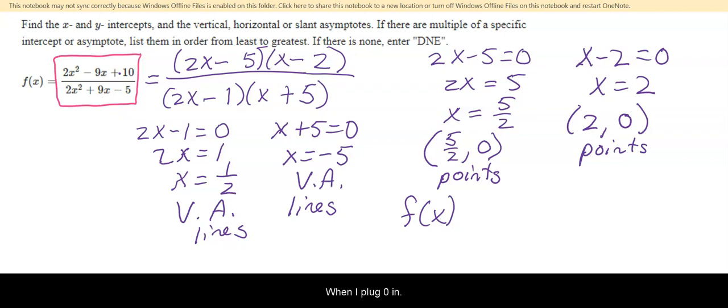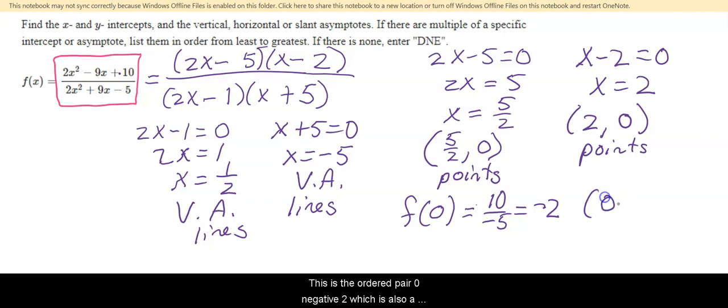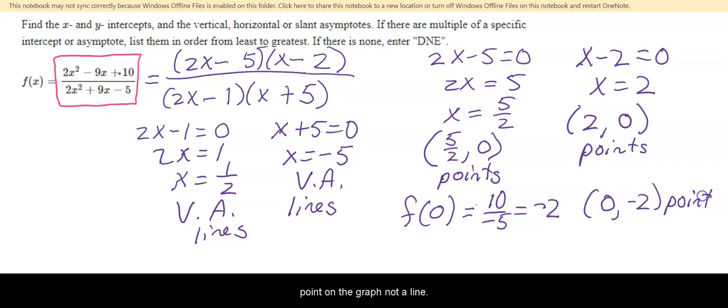When I plug 0 in, the first term and the second term in both the numerator and denominator will cancel, and I will simply get that f of 0 will give me 10 divided by -5, which is -2. This is the ordered pair 0, -2, which is also a point on the graph, not a line.